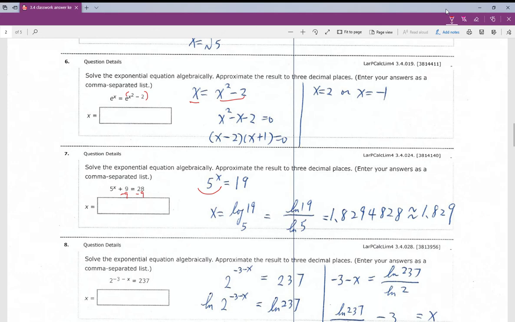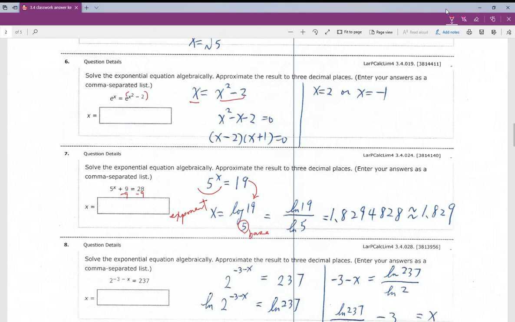The exponent, this is the exponent. The exponent equals the log function. This is the base. And this is just the input. Now, when you have a base not equal to 10 and not equal to e, you need to use change of base.